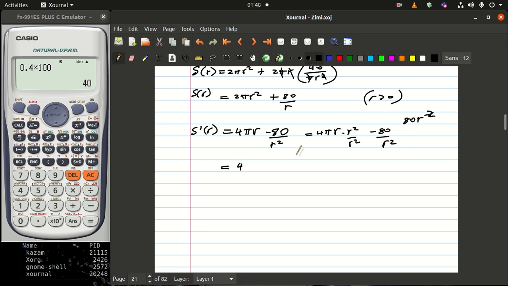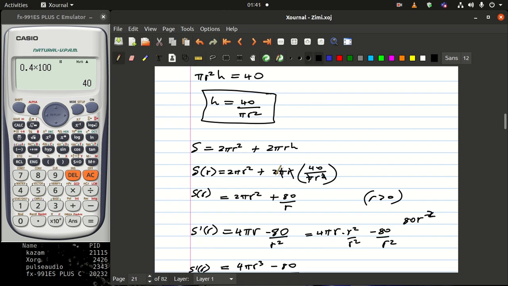Of course, r times r squared is going to be 4 pi r cubed minus 80 all over r squared. The reason I'm doing that is because I wanted to end up having the common denominator, which is r squared. So this is my first derivative.